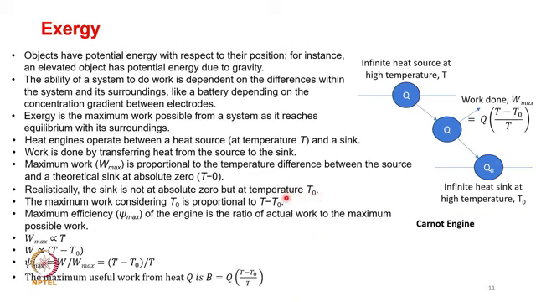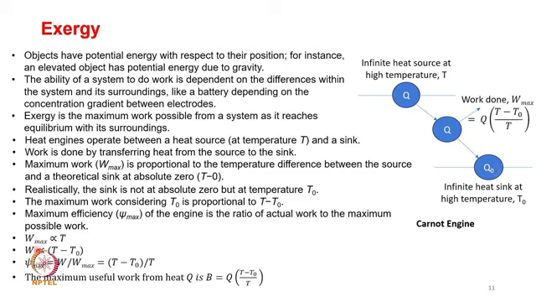So, the maximum work considering T naught would be proportional to T minus T naught. And the maximum work efficiency of that engine is the ratio of the actual work to the maximum possible work.